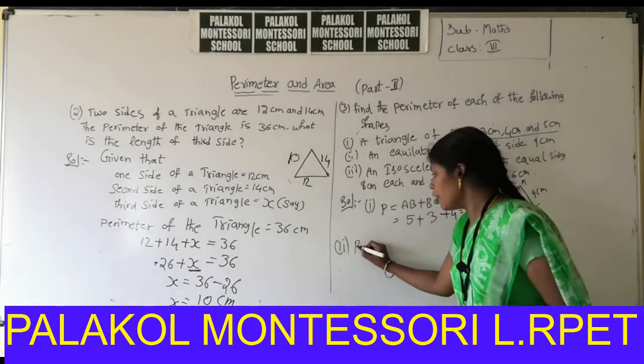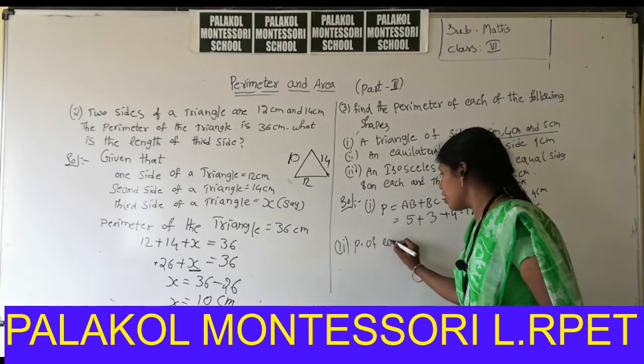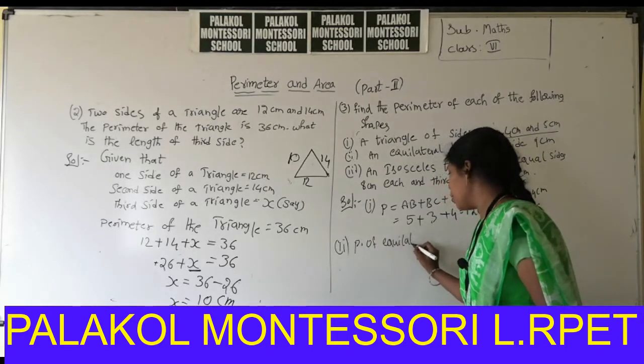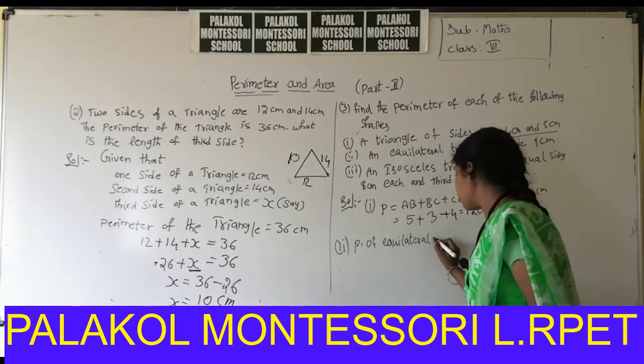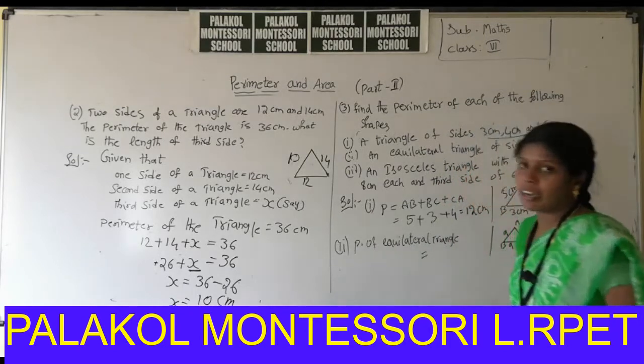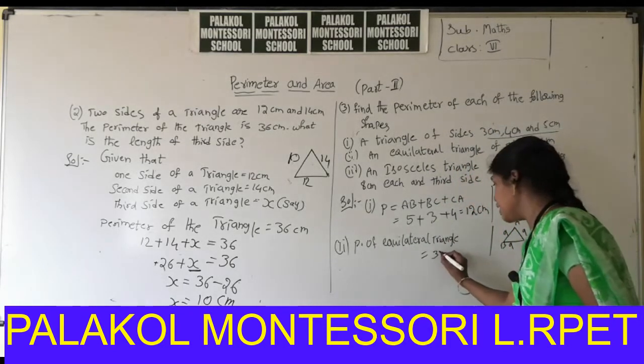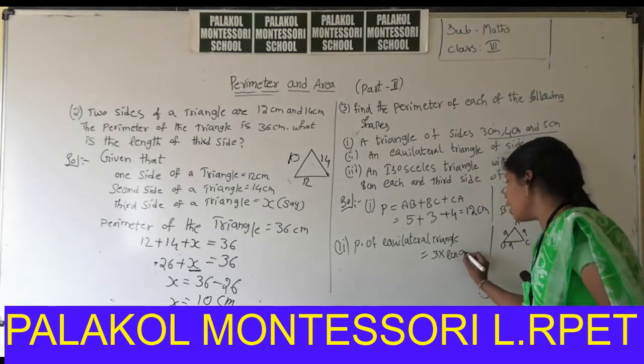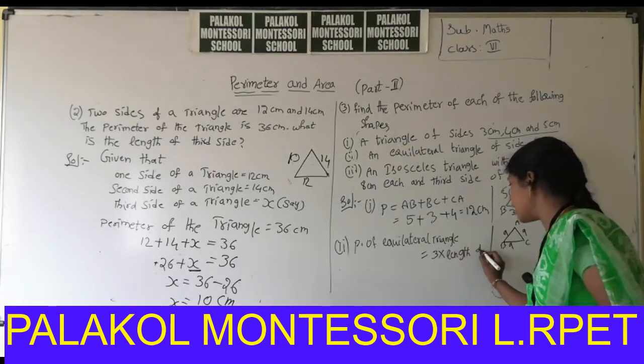So the perimeter of an equilateral triangle is equal to, you already know the formula, 3 into the length of any side.